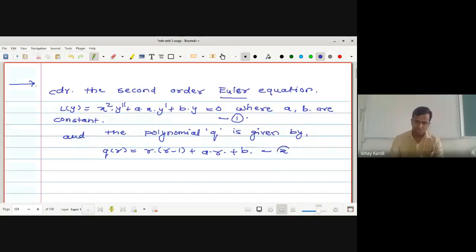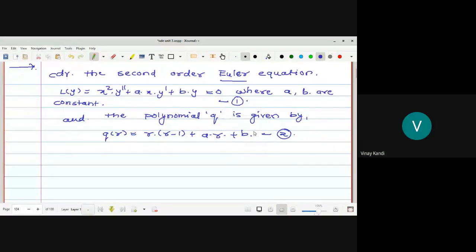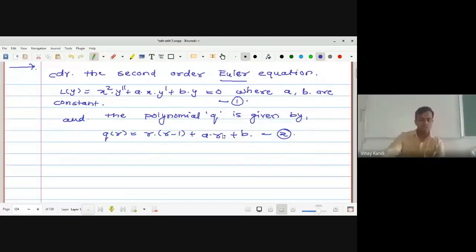So give it as an equation number 2. In the first case the roots are repeated, and in the second case the roots are distinct. Okay, case 1.